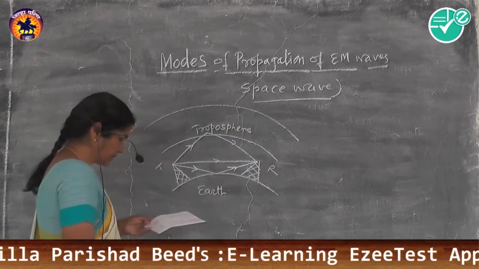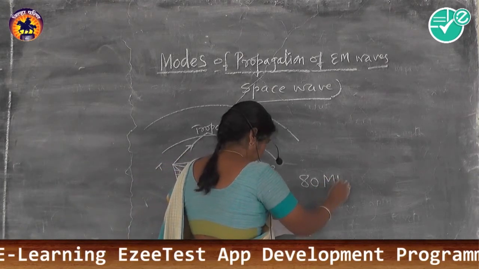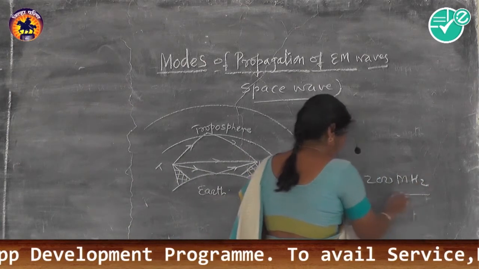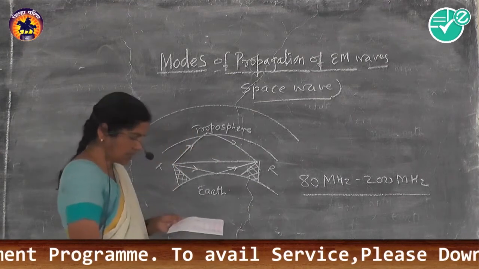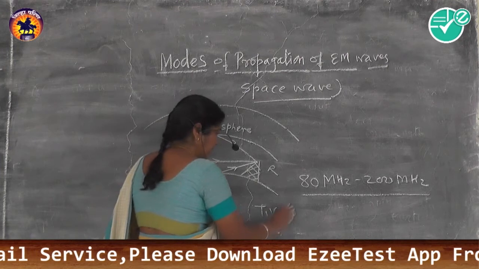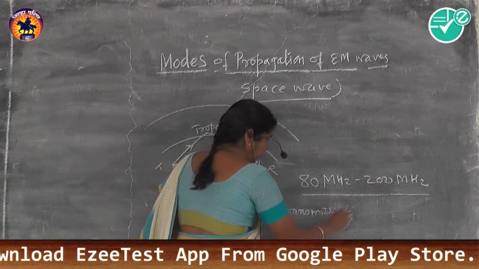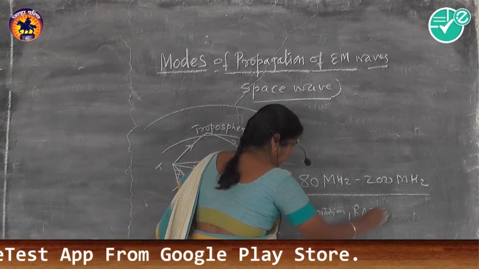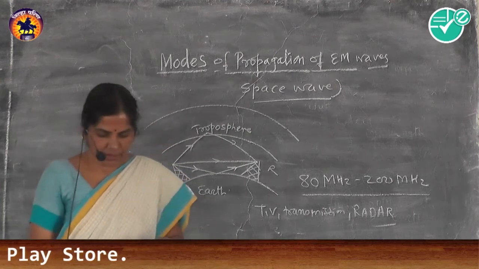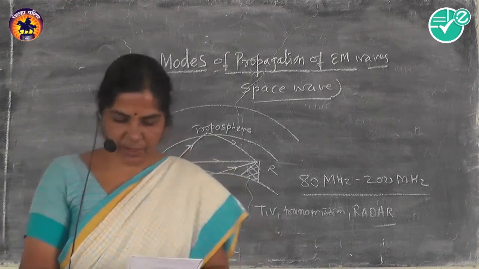In this case the frequency is higher, 80 megahertz to 200 megahertz. These are the preferred frequencies, and they are used for TV transmission and in radar, because this range of frequency lies in the microwave region. So microwaves are preferred.